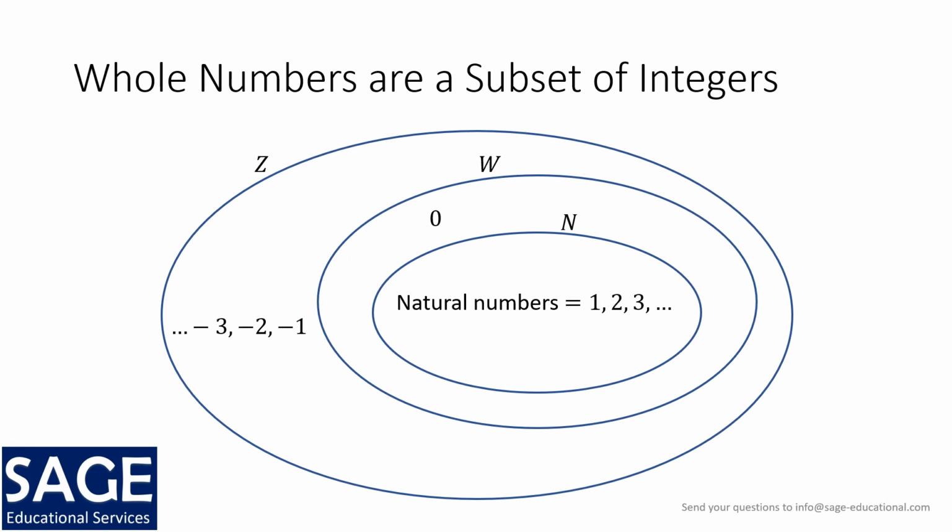The integers contain all of the whole numbers. So whole numbers are a subset of integers. Negative numbers are not included in whole numbers, and natural numbers are a subset of integers as well as of whole numbers. So as we make our sets bigger, the previous set becomes a subset of the newer set.